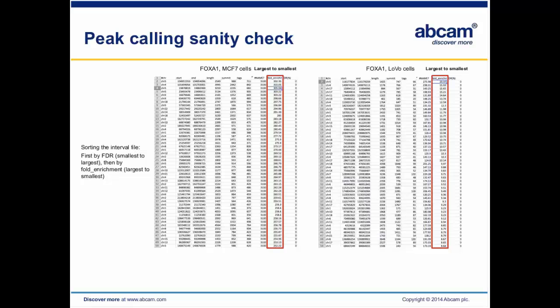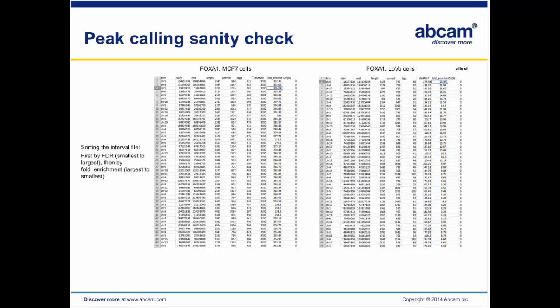The first thing we should look at is the number of binding sites. If you choose a FDR cutoff at 1%, which is commonly used, there are about 42,000 peaks left in the FOXA1 MCF7 data, but only 430 peaks left in the FOXA1 novo data.